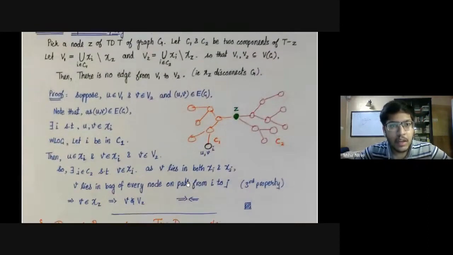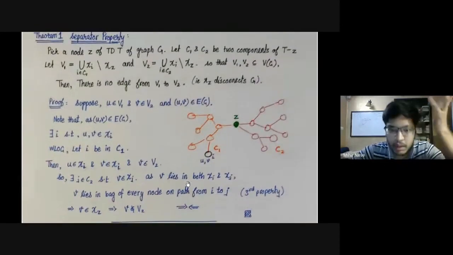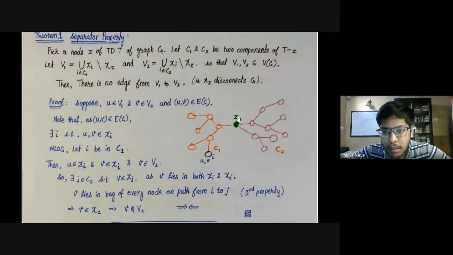Now this is the separator property. How did the third property imply this? The theorem is as follows. Suppose I pick any arbitrary node Z in the tree decomposition, and it will divide the tree T into two parts, let's say C1 and C2.